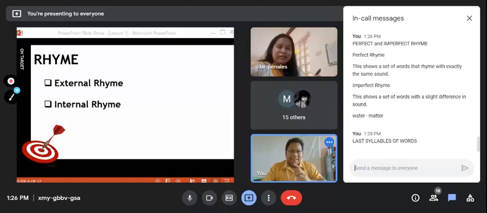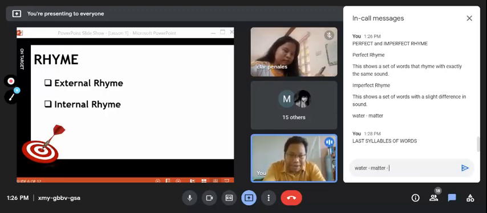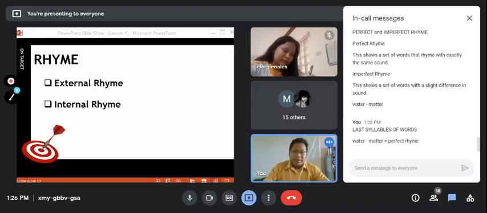They are correct, which makes water and matter a perfect rhyme because they share the same last syllable sound. Water, matter.